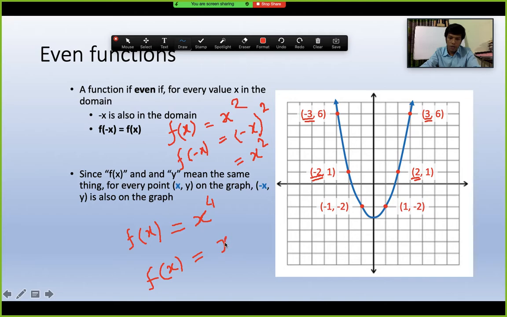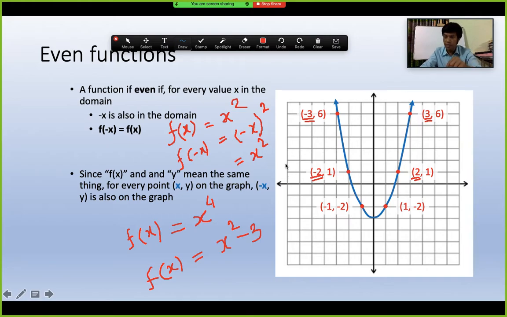Suppose we write x squared plus or minus something, minus 3, this is also an even function. If you replace x by minus x, the function remains the same, then it is an even function. If you do the calculation and your answer is again the same as your original, then it is even.